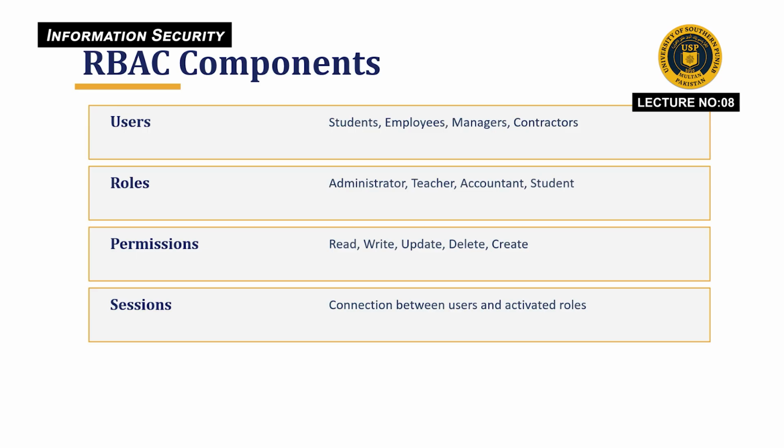Permissions allow actions, for example, read, write, update, and delete. And the session is the connection between user and active role. For example, a user may activate different roles during different sessions.